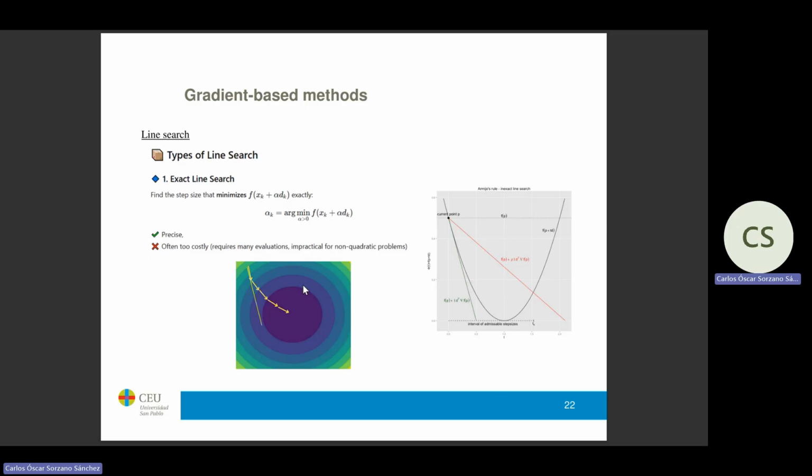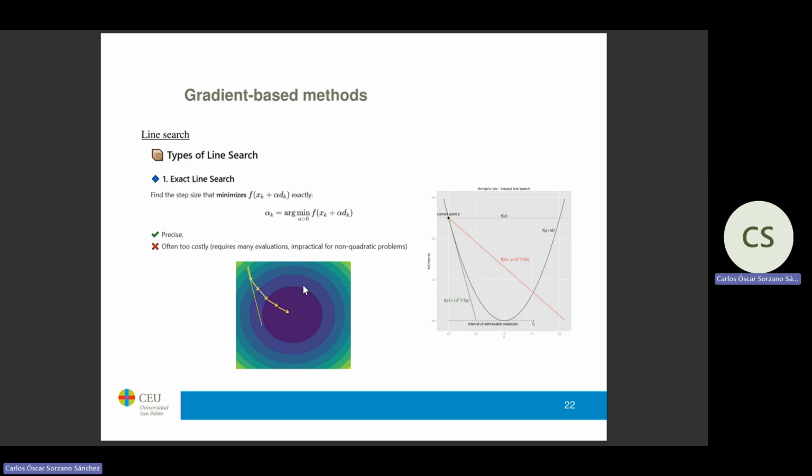This is moving too little. You could get much further minimization if you move up to this point. This method is called the exact line search. Somehow this is trying to represent that. Let's say this is your function, this is your gradient, and the question is how much I should move. If I move a lot, I could go down quite a lot in the function. If I move very little, I don't move so much along the function.